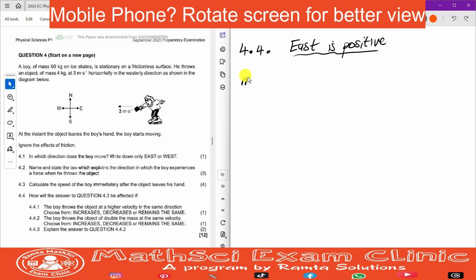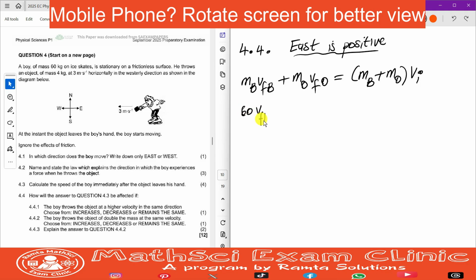We say mass of the boy multiplied by final velocity of the boy, plus mass of the object multiplied by final velocity of the object, equals, initially the boy and the object were a unit, so open brackets, mass of the boy plus mass of the object, close brackets, multiplied by initial velocity. The mass of the boy was 60 kilograms.